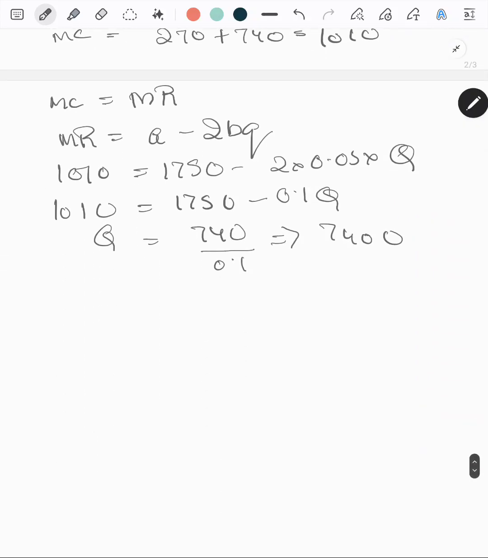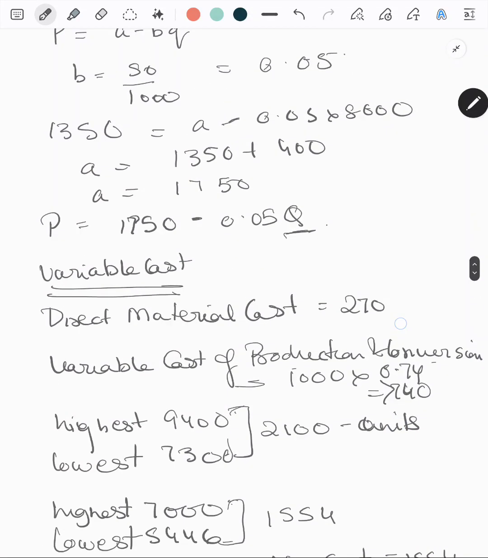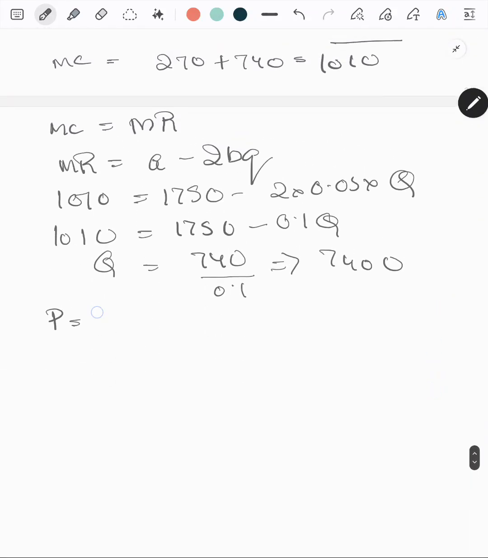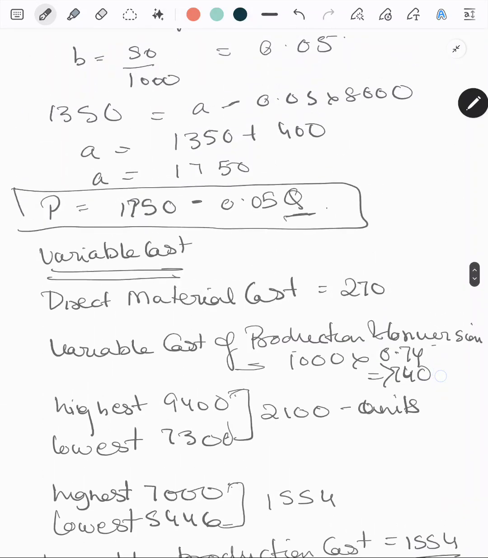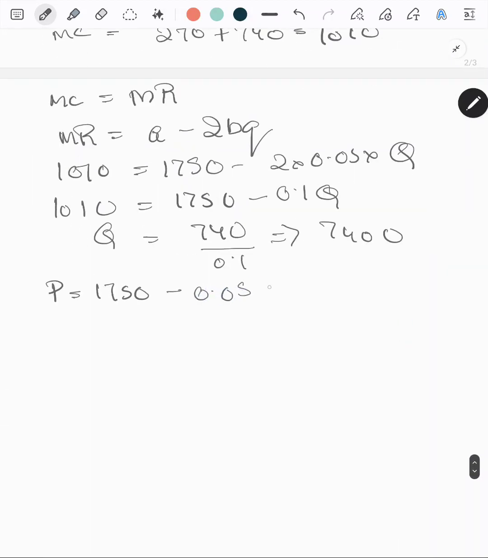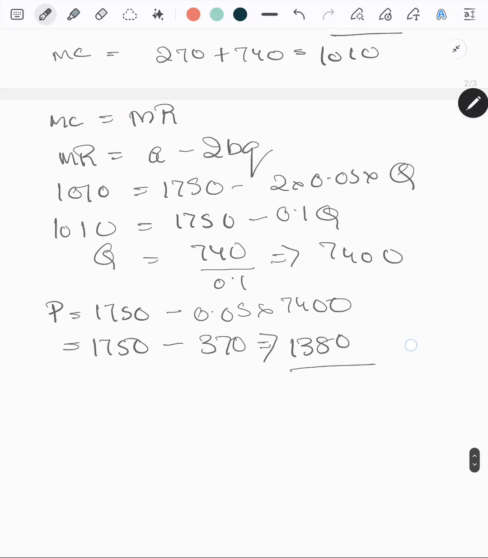Q is 7400. I will replace that in my demand equation, which gives 1380.